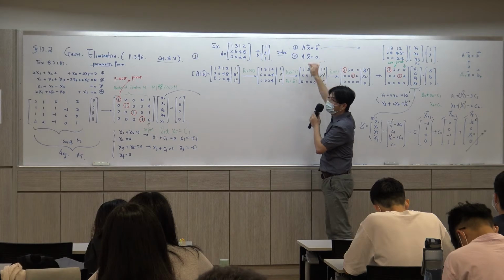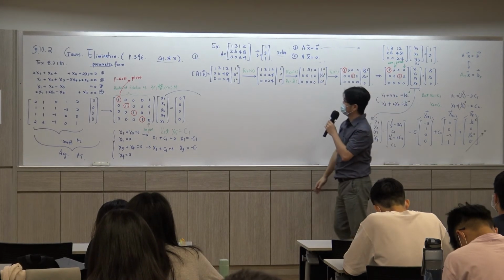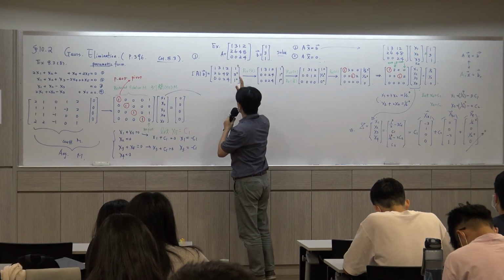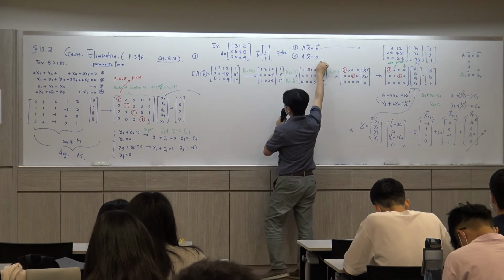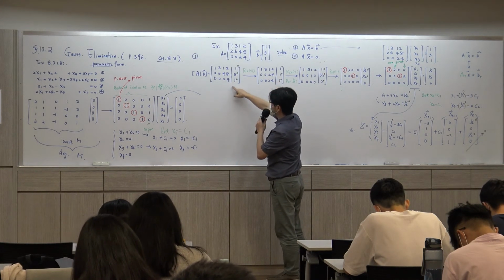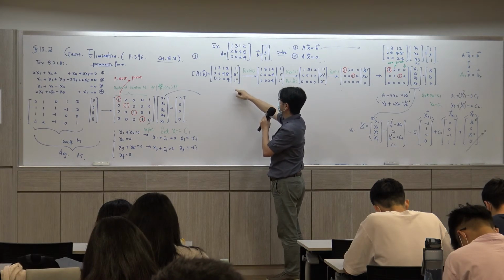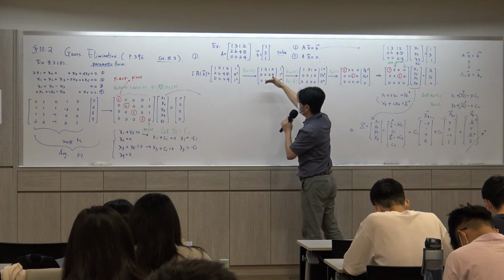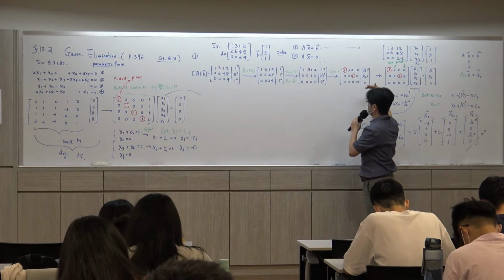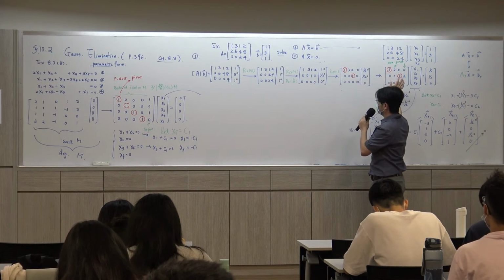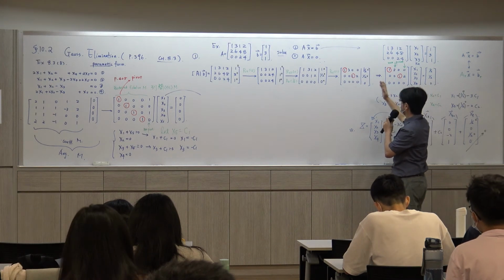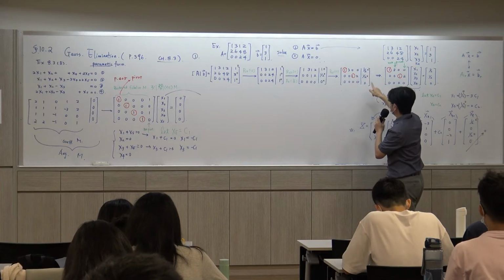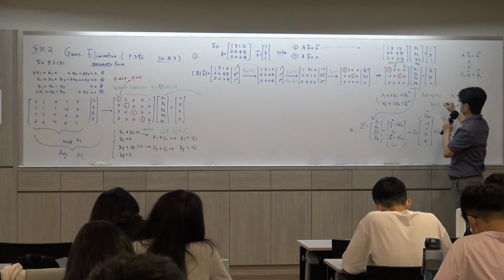So the second question is that the B column is replaced with 0. So in the augmented matrix, when we perform the row operations, everything will be the same, but this column will be 0 here.